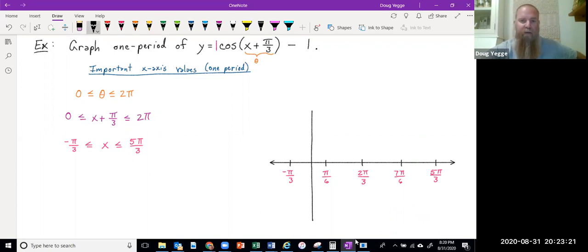I know that in general, the shape of this graph will start at the top, drop down, and come back up again. But keep in mind that this minus 1 is causing me to move down 1.